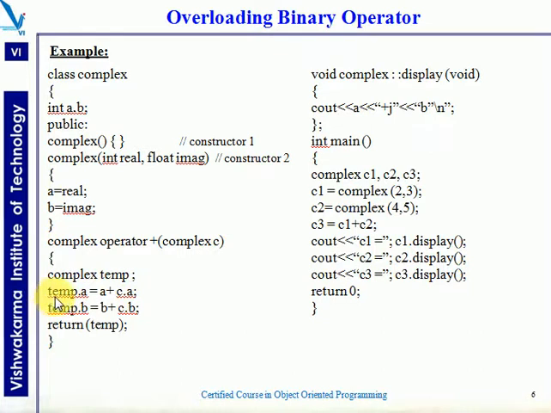So how is this statement working? Here c dot a refers to the member of the object C2, and this a refers to the member of the object C1, and the result is the real part of the sum of C1 and C2.